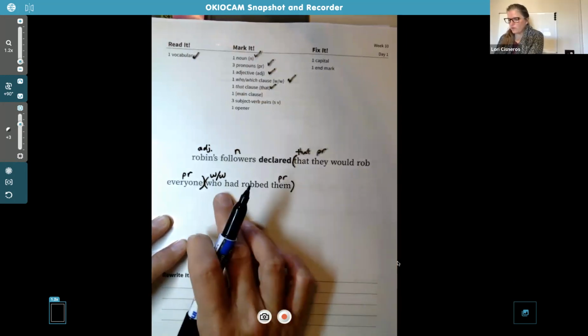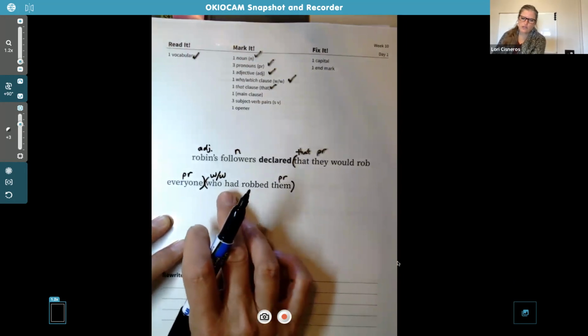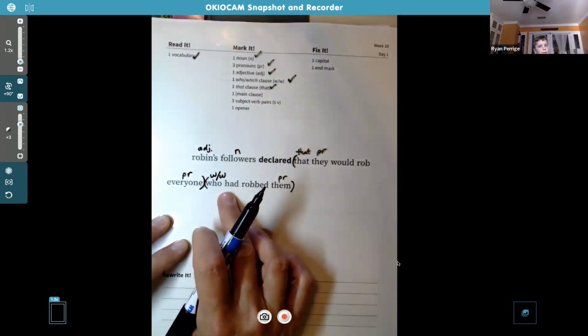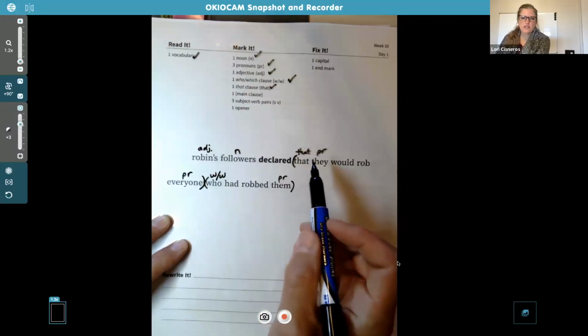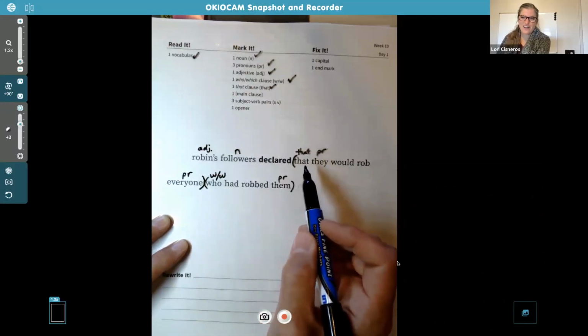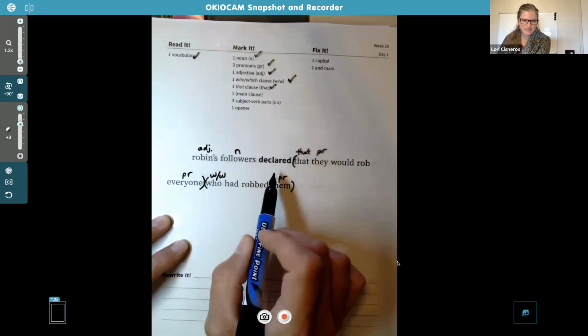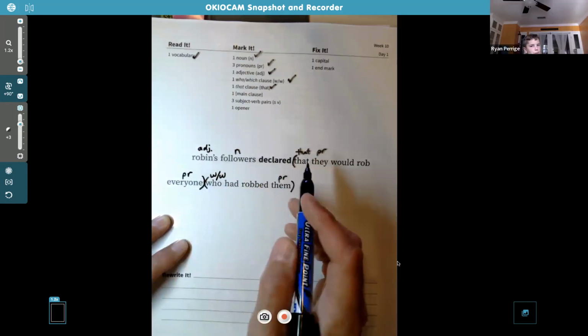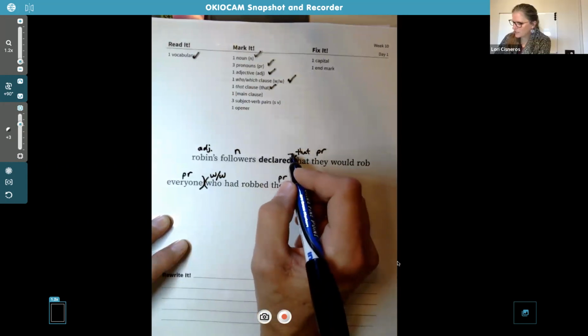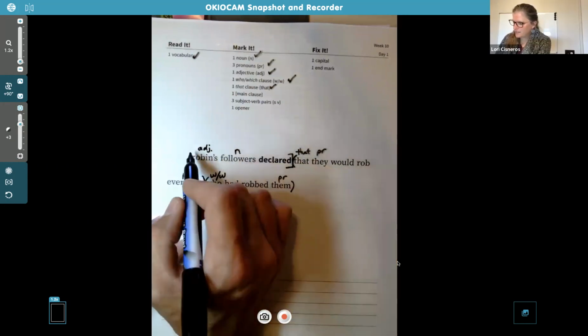We already marked that one though. That's a who which clause. All right, so then it's that they would rob everyone. That's actually the that clause. We already marked that one. So it's the part we haven't marked yet. Robin's followers declared. Yes, Robin's followers declared is the main clause.